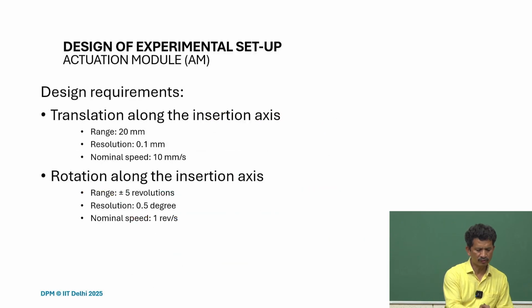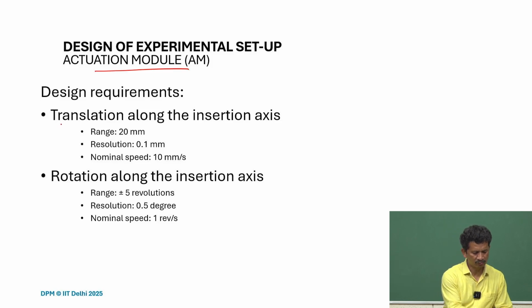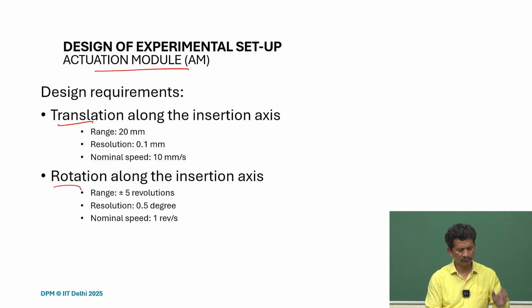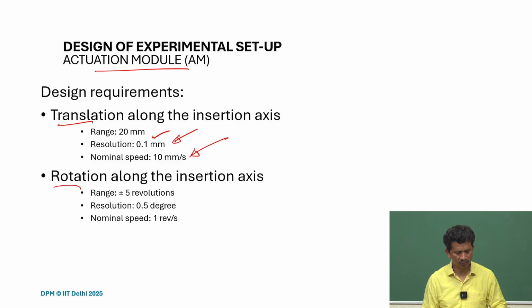So when it comes to the actuation module, the requirement is, of course, we wanted to have translation and rotation. And the translation range we define. These numbers come after discussion with the surgeons and after going through the literature. So what is the range of motion? What is the resolution required? The speed at which we want to do that.